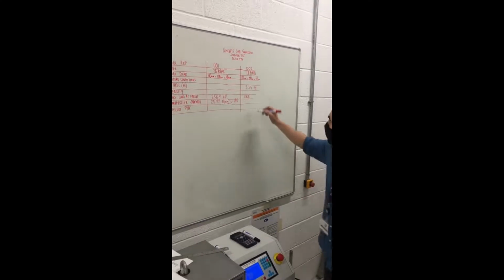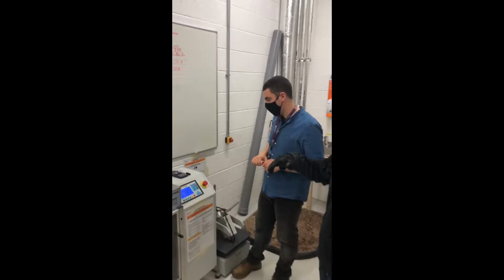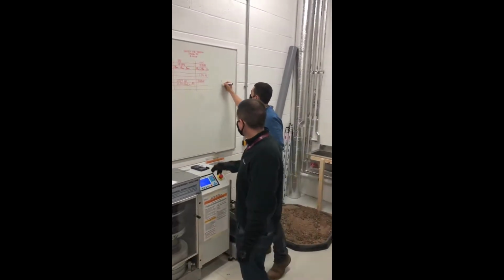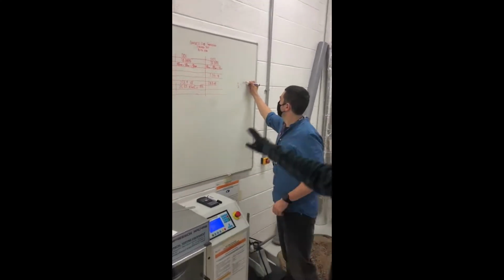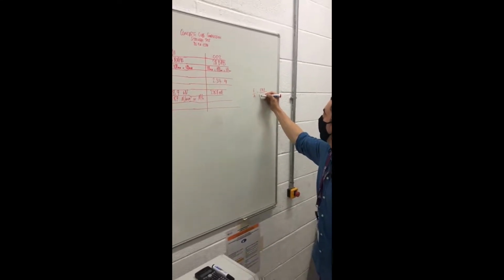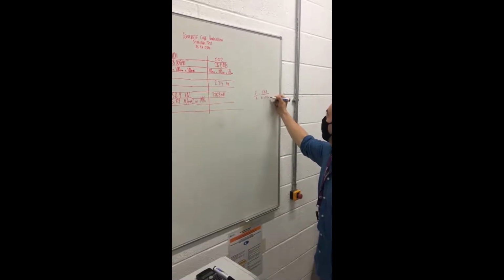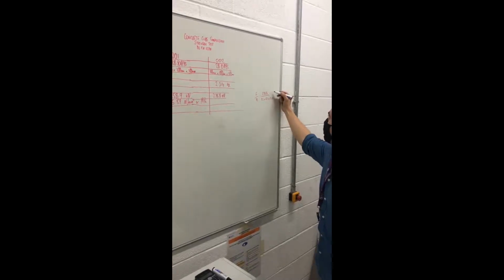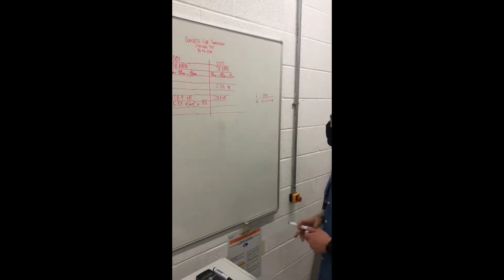So to calculate the compressive strength, it's going to be force over area. So our force at failure in this case is our 278.8 kilonewtons. We need to multiply that by 1,000 to convert from kilonewtons to newtons. And then our area at the bottom should be 0.1 by 0.101.